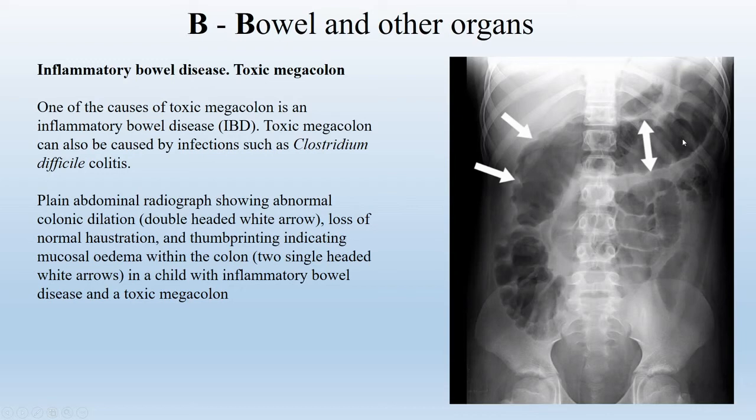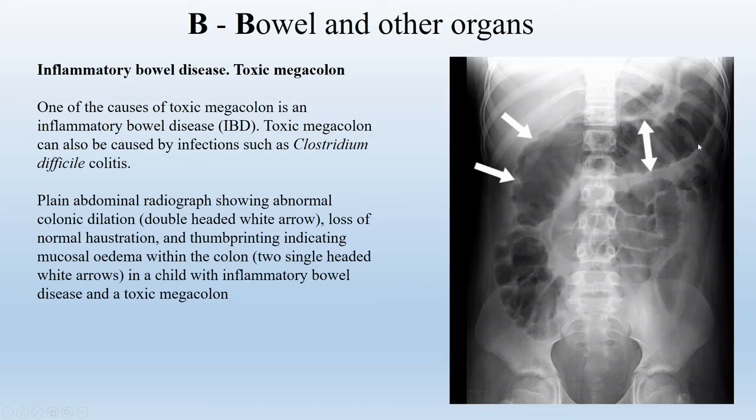There are different causes of toxic megacolon. Besides inflammatory bowel disease, it can be infections such as Clostridium difficile, and the film presents the colonic dilation. It is dilated, more than 6 centimeters.